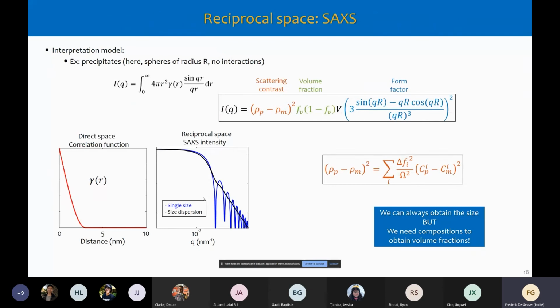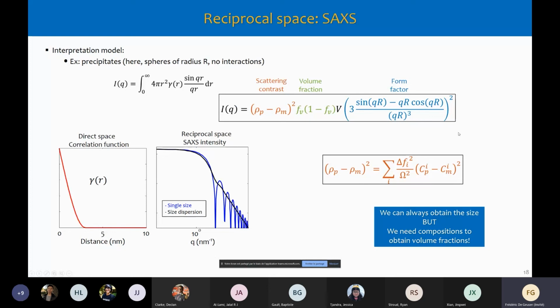So why does it work and why is it interesting? Well, in the reciprocal space, there's SAXS, and this is how it works. This sort of general equation is like this. I'll show it again later on. But if you inject an interpretation model, for instance, spheres, it doesn't really matter how, it will all come down to this kind of equation here, where the intensity as a function of the scattering vector depends on three factors.